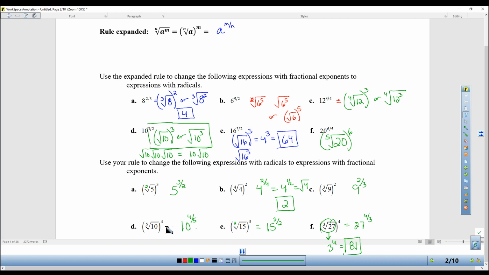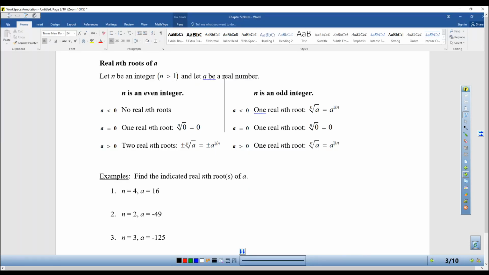So this concept right here of being able to go from fractional exponents to radical notation or radical notation to fractional exponents is the key. Real nth roots of a. So there's a little chart here to help you, but I'm going to give you a little example for each one.